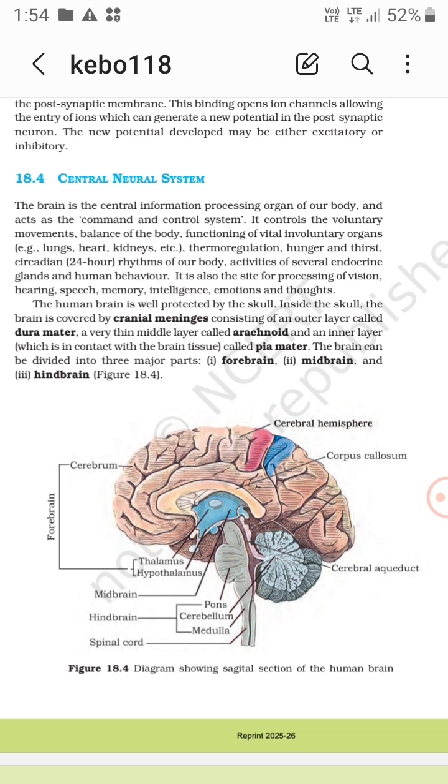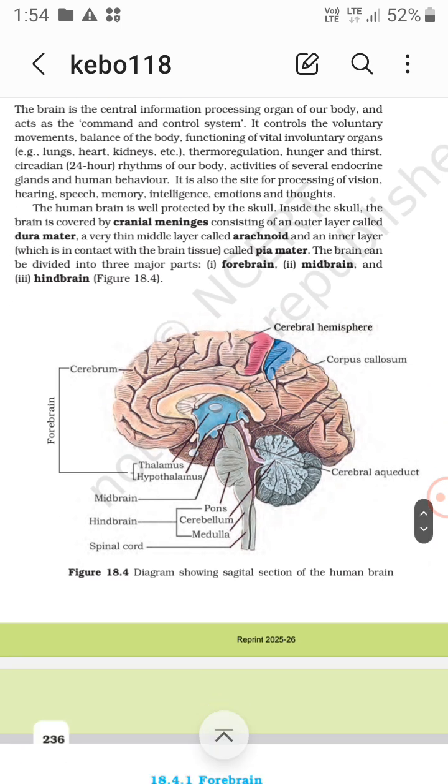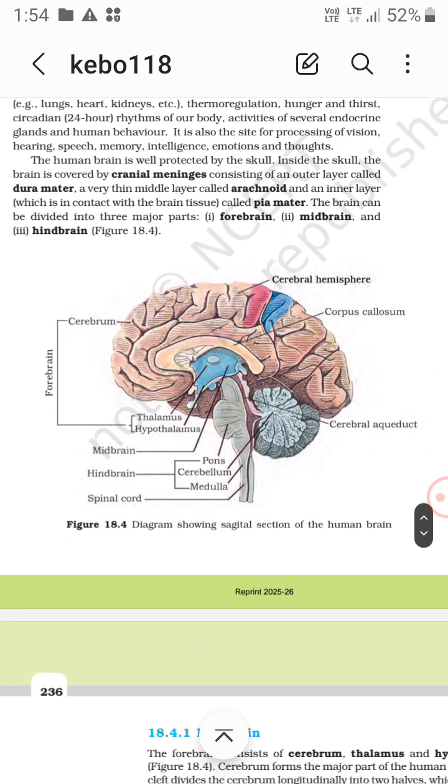Now the brain can be divided into three major parts, that is forebrain, midbrain, and hindbrain. Now, diagram showing sagittal section of the human brain. Here you can see the cerebral hemisphere, corpus callosum, then cerebrum. The forebrain contains cerebrum, thalamus, and hypothalamus. Cerebrum is divided into cerebral hemispheres, connected by the fibers of nerve tracts, that is corpus callosum.